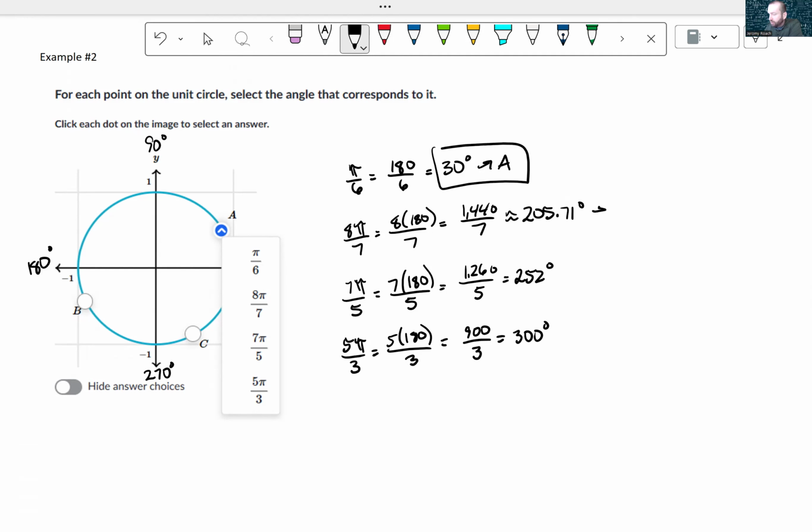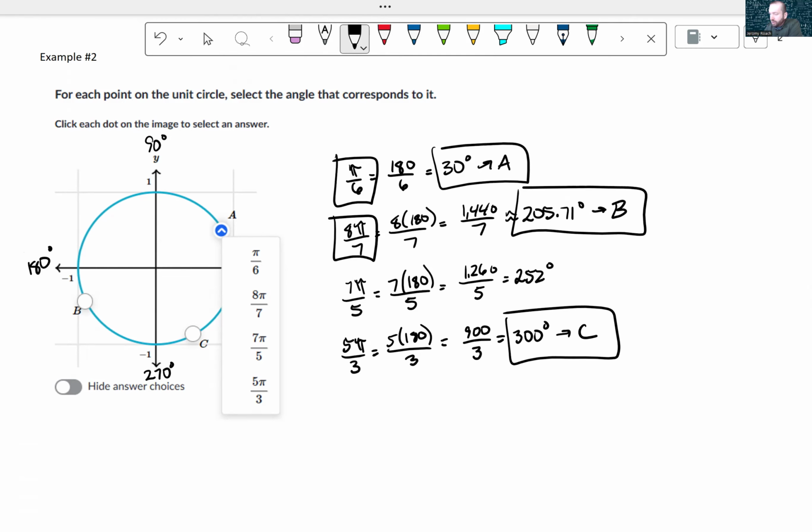So it looks like this one's going to be what B is, 8 pi over 7. Let's circle these here. And then for C, greater than 270 degrees, less than 360 degrees. That just leaves us with 5 pi over 3 or 300 degrees. It's our only option there because 252 is less than 270.